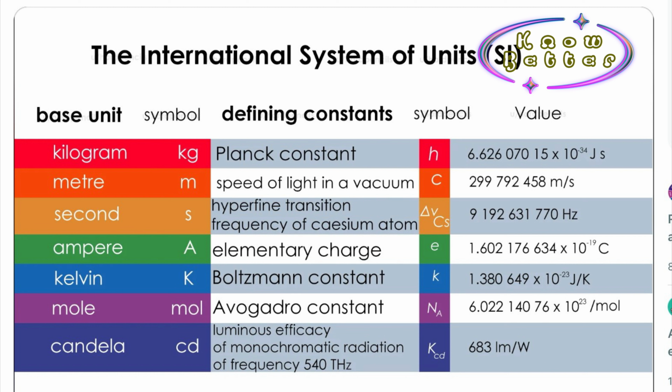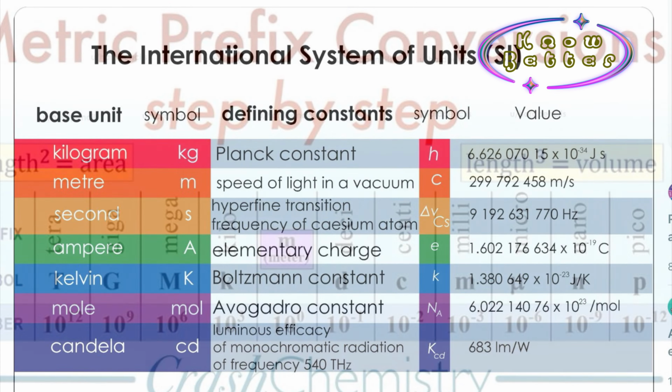For example, for mass, we use kilogram as the unit, and this kilogram can further be divided into smaller quantities like milligram or gram. Likewise, the unit for length is meter, for time is second, for electric current is ampere, for temperature is Kelvin, for luminous intensity is candela, and for amount of substance is mole.